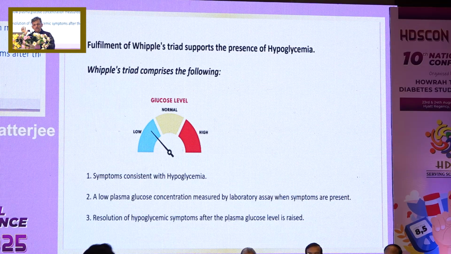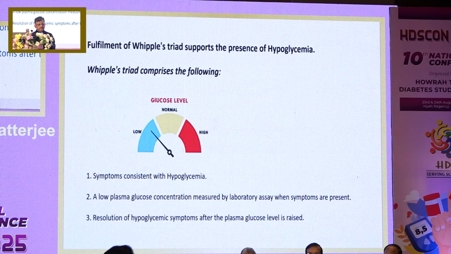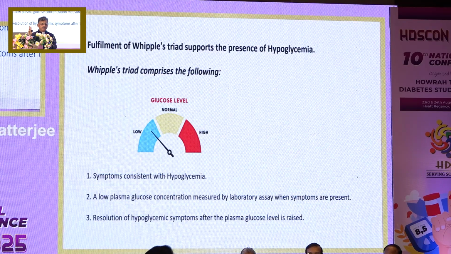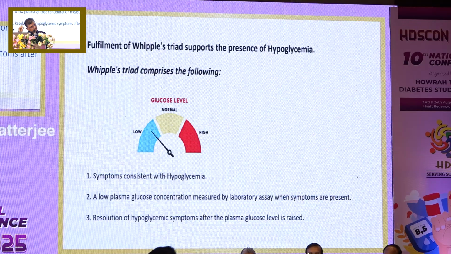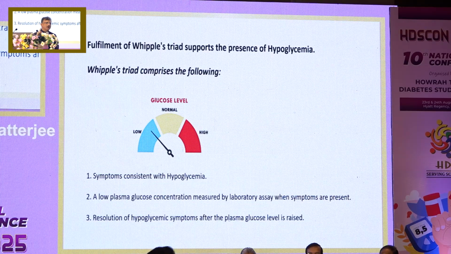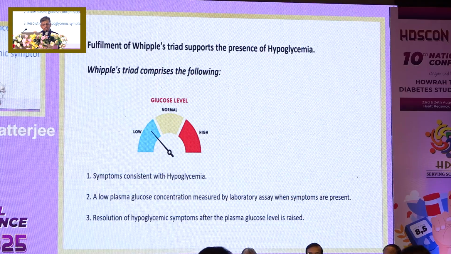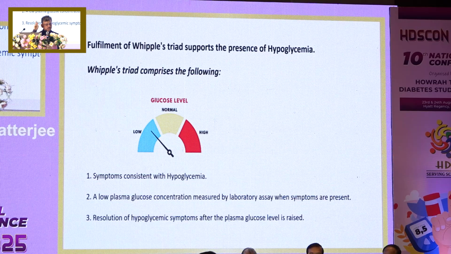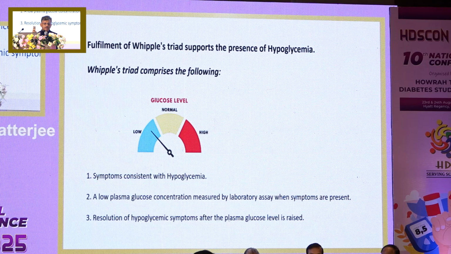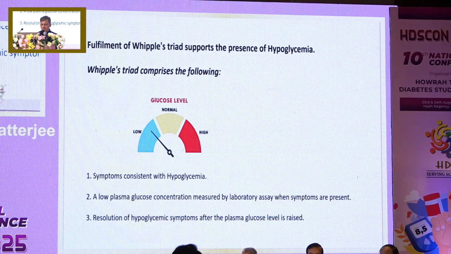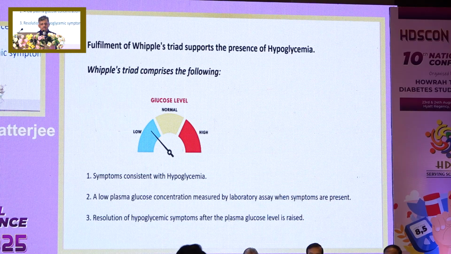The classical Whipple's triad is still taken as a gold standard, and 3 points have to be fulfilled. 1, symptoms related to hypoglycemia, biochemically proven hypoglycemia, and resolution of symptoms of hypoglycemia when you normalize the blood glucose level. These three are the points to be remembered as Whipple's triad.